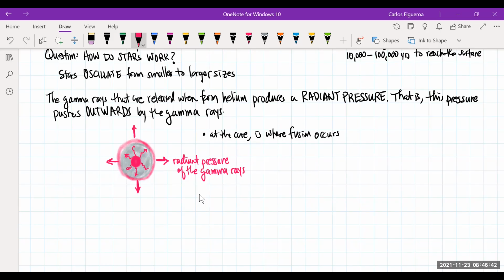However, we still have gravity. So there's this fight between the radiant pressure and gravity. So now I have gravity, which is still trying to push down and collapse the star.